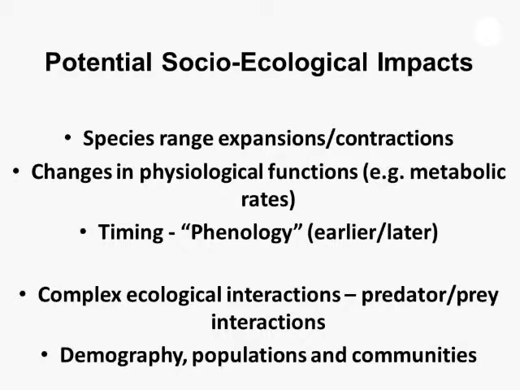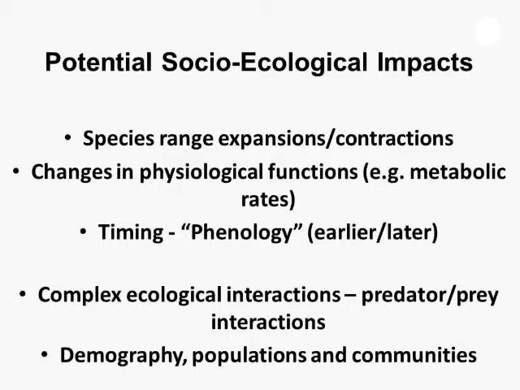If you have changes in species distributions, changes in physiological functions, and changes in timing, which may or may not be adaptive, that is going to change the ecological landscape. It's going to change the ecological interactions, the predator-prey interactions, just like the interactions Bill was talking about between salmon and copepods, or salmon and krill.